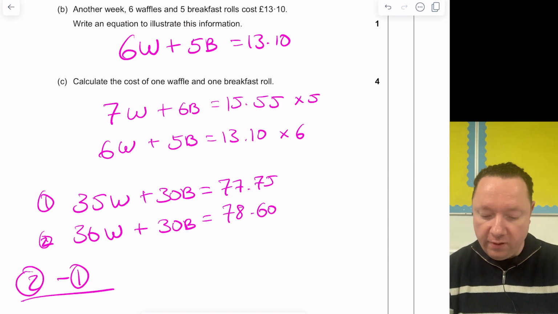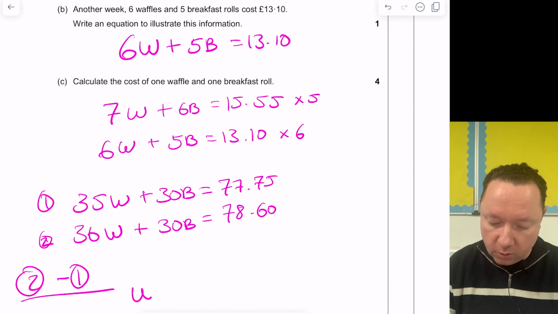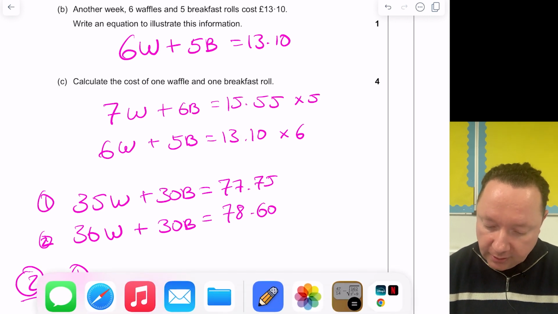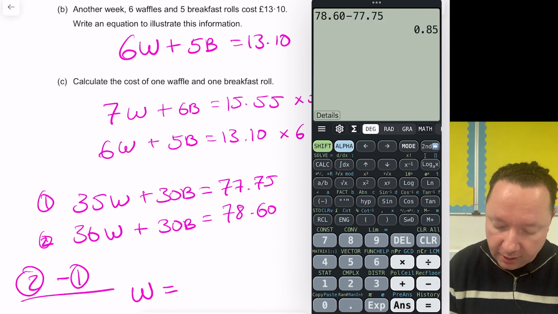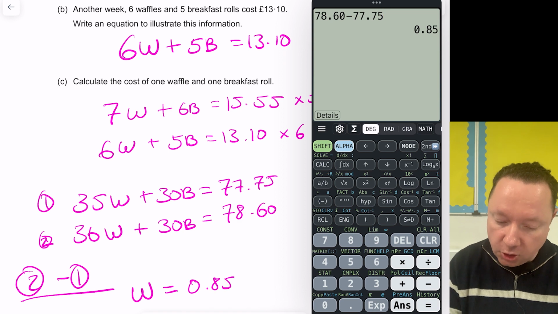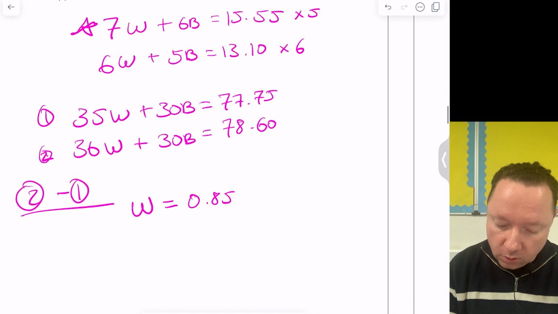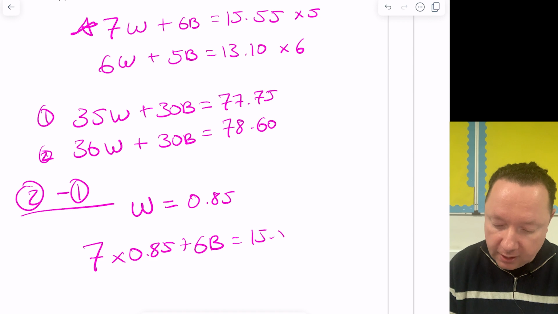Bottom take away top, 36 minus 35 is 1W. 7860 minus 7775 is 85. And then we just substitute, so I'll just pick this one to substitute into. So 7 times 0.85 plus 6b is 1555.